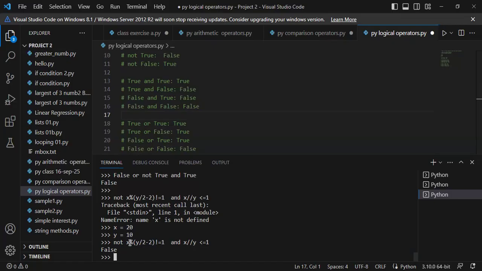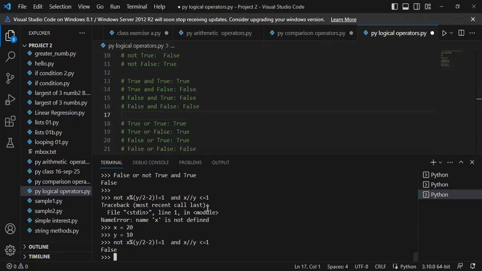So this is x is 20. 20 modulus 3. 20 modulus 3 is what? That's like 20 divided by 3. What's the remainder? Is it not 2? 20 divided by 3 gives you, what do you get?